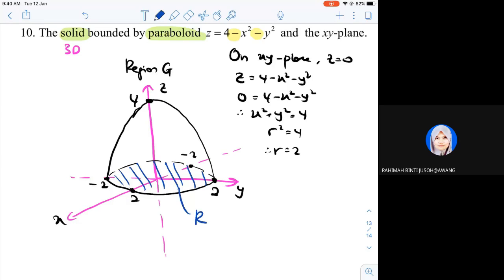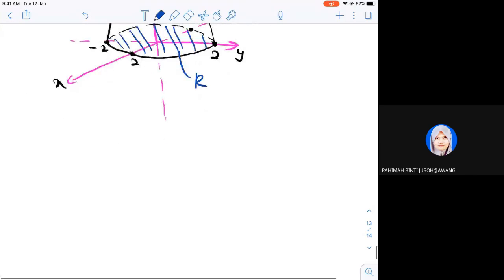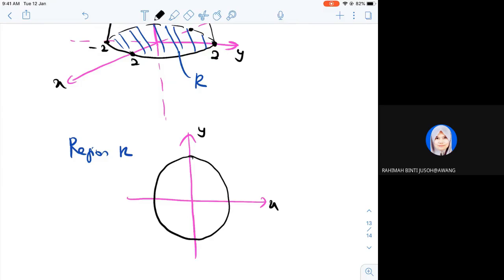Ini saya kata tadi, kalau region R kita melibatkan circle, region R is a complete circle with radius 2, X and Y. So we know that radius is from 0 until 2.